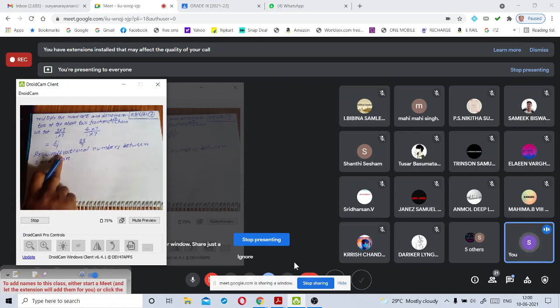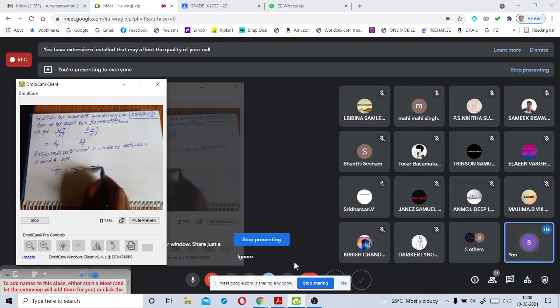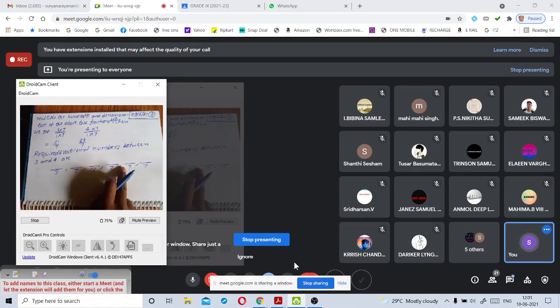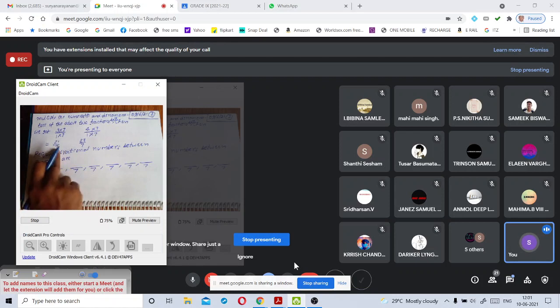We should write 6 rational numbers. For all these 6 fractions, the denominator is the same. Please remember this point, my dear children.